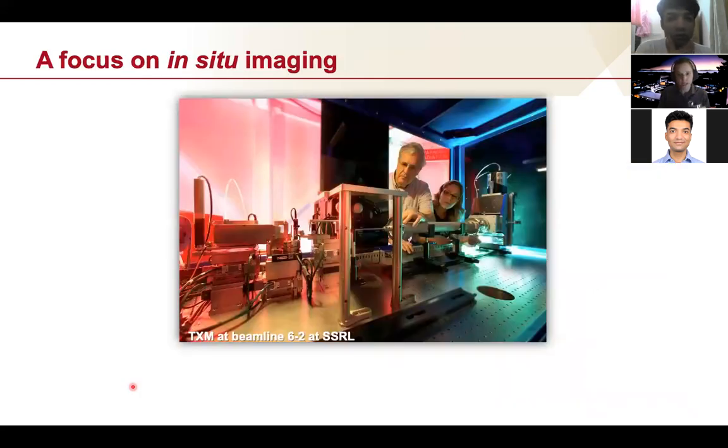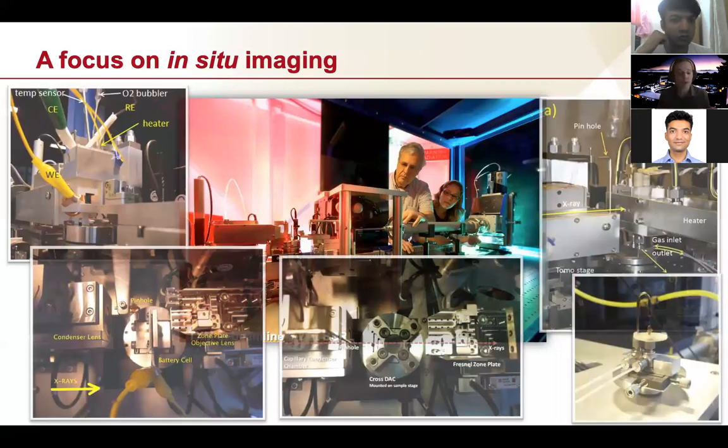So this is what the actual microscope looks like. Unlike an electron microscope or an optical microscope, X-rays are coming out from the side, so our microscope is sitting planar rather than up and down. And like I said, we focus on in situ experiments.